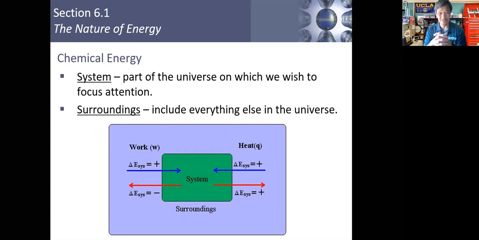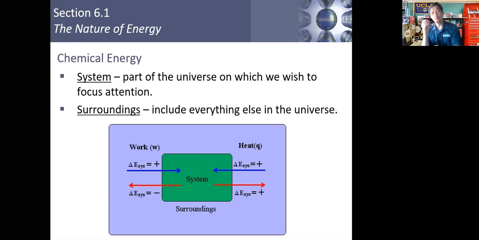That means that there is no change in the overall energy of the universe. However, there can be an energy change in the system and in the surroundings. What we do know is that the overall change in the system and the surroundings, whatever is absorbed or given off by the system or the surroundings, in the end they have to add up to be equal to one another.